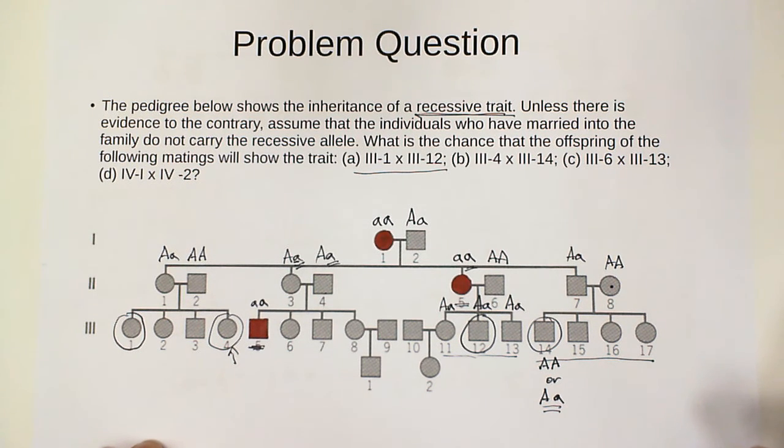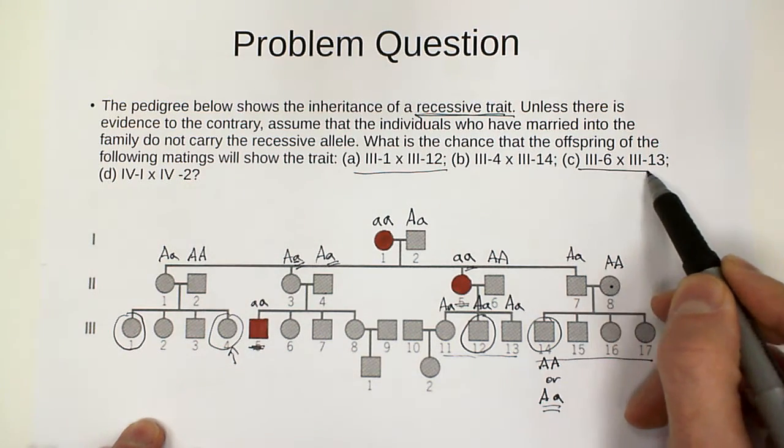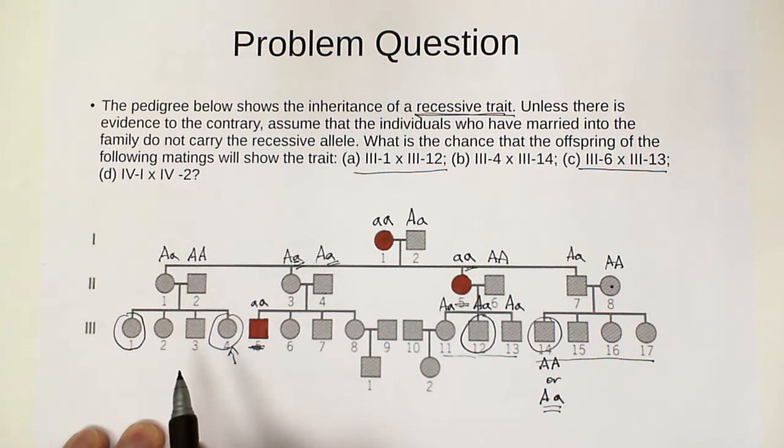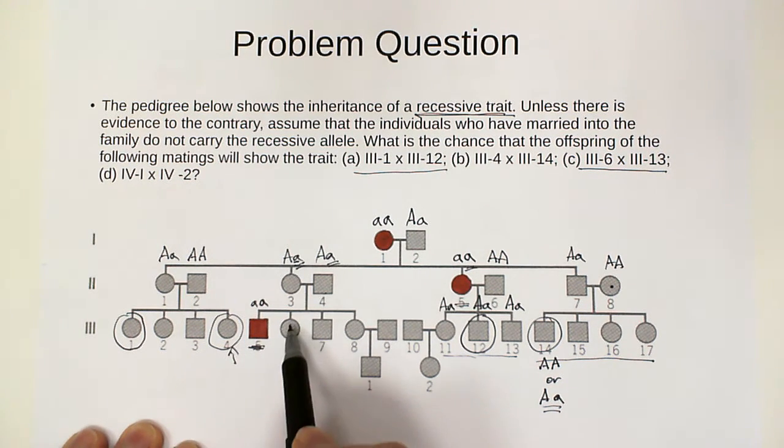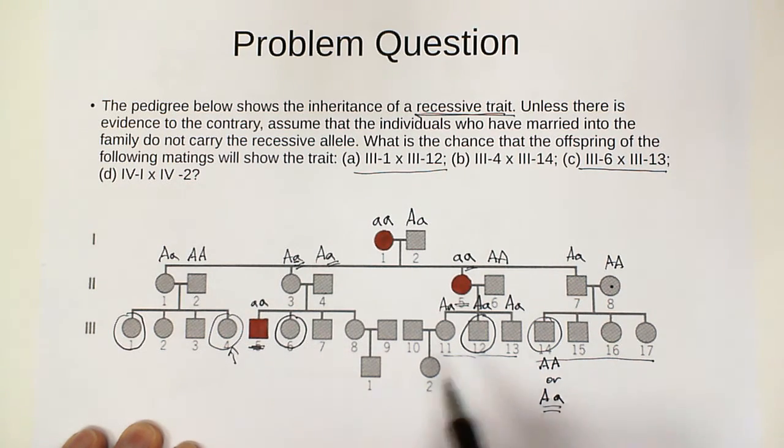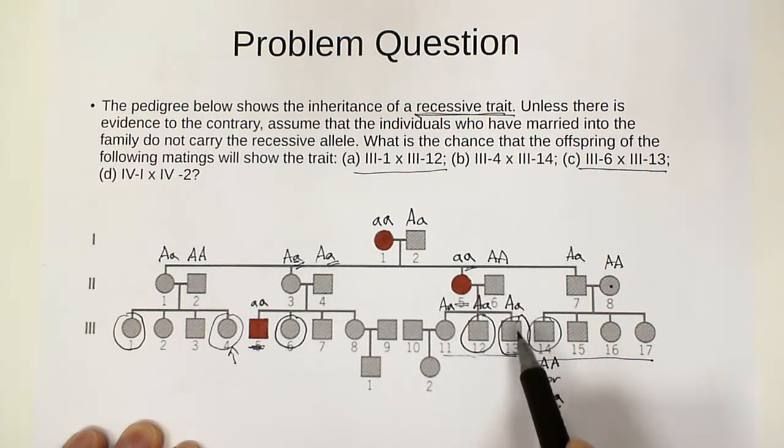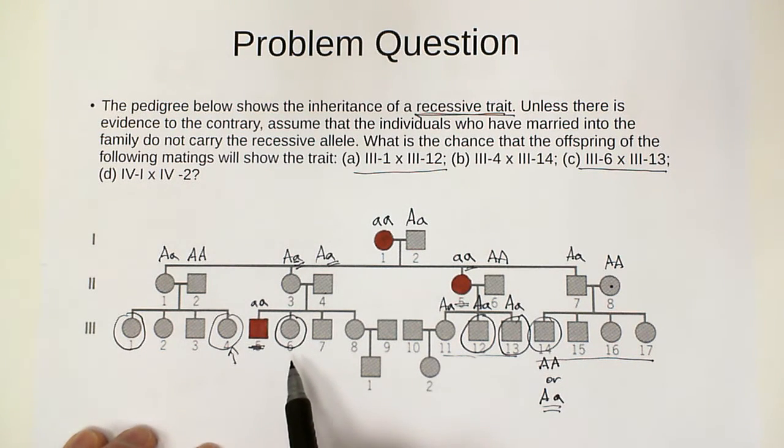A more challenging one might be the one in part C. So here in C we're looking at a cross between this individual and this individual here. Okay, so the reason why this one is maybe a little bit more challenging is because you have to consider something a little bit differently.